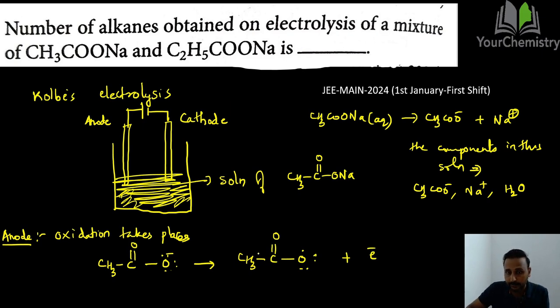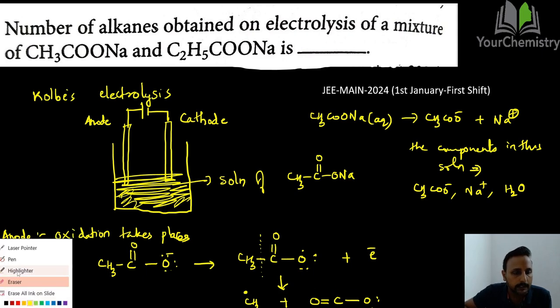In the next step, this particular bond cleaves homolytically. Homolytically means the even breaking of a covalent bond, which leads to the formation of a free radical, CH3 dot. And here CO2 will be formed, because here one dot, here one dot, and the remaining electrons are there, and these two electrons simply combine to form CO2.